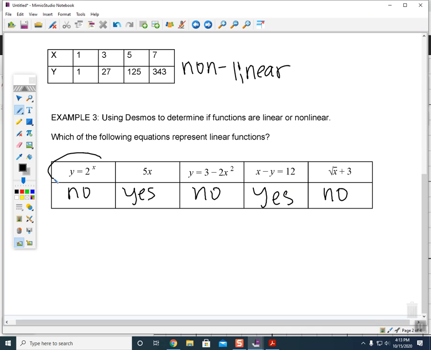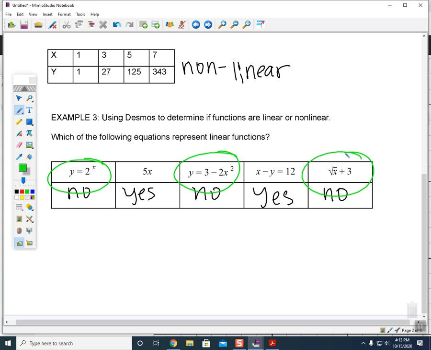So this one is not linear. Let me do it in a different color maybe. Let's try green. This one is nonlinear. This one was not linear. And this one was not linear. Right? What do each of these equations have in common?